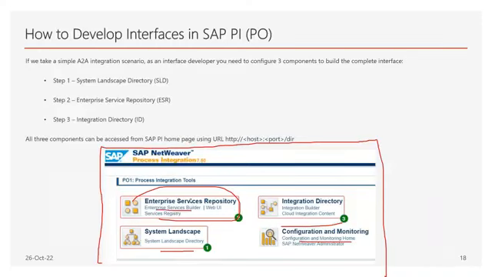ESR and ID are Java based applications, where to run them you need to have Java installed in your application. Once you have Java installed, you can launch them and start using them. At the same time you have the System Landscape Directory, which will be useful for you to maintain all the information with respect to your business systems, business components or software components, anything it can be.